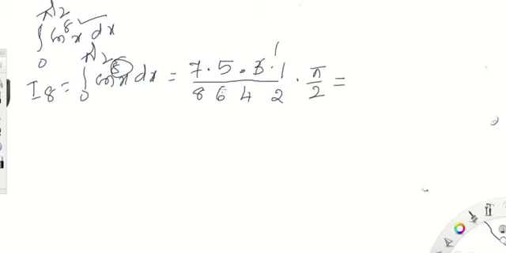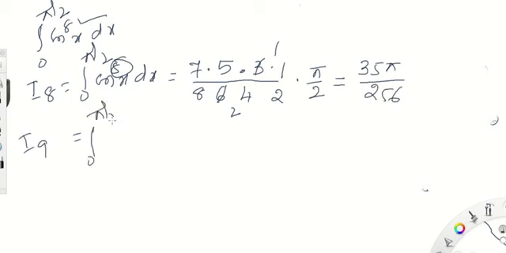Okay, now we can simplify. The final solution is 35 pi divided by 256. We can take one more example, a cos to the power of n x: integral from 0 to pi by 2 of cos to the power of 9 x dx.